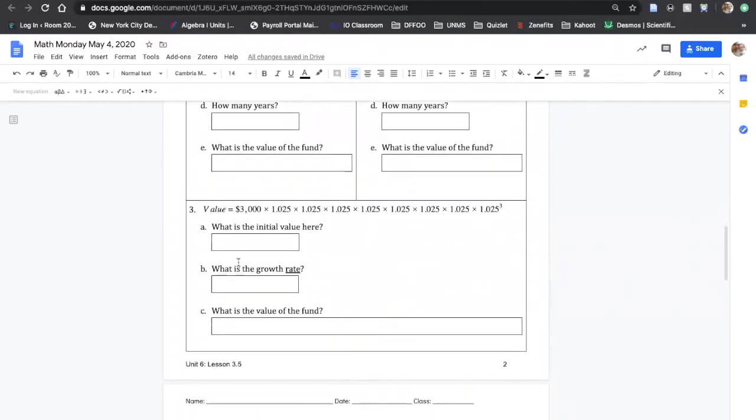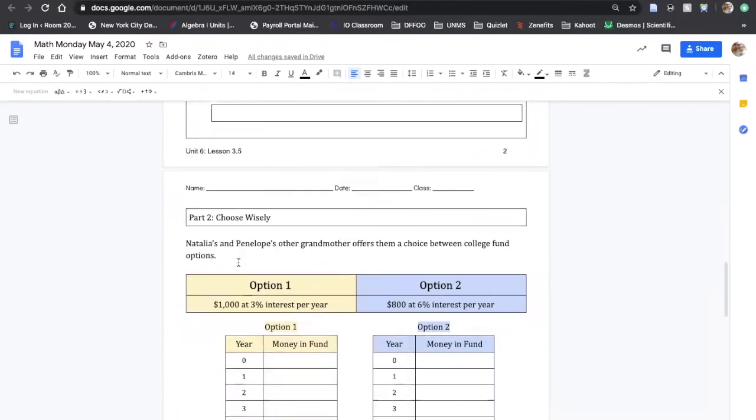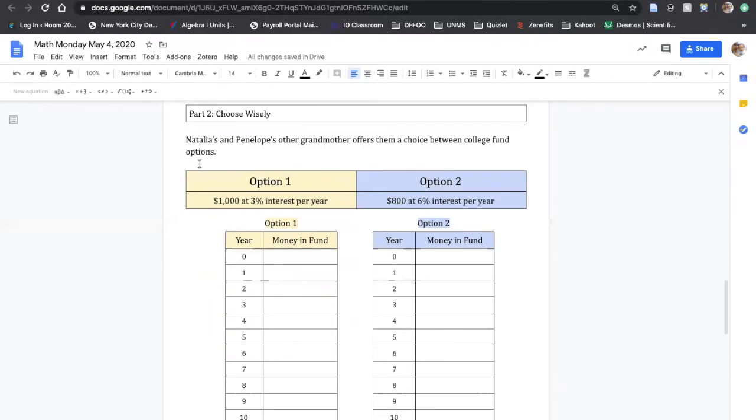After you're done with that, something a little bit different is you're going to look at a scenario, okay? It says over here, Natalia's and Penelope's other grandmother offers them a choice between 2 different college fund options. Now, option 1 says $1,000 at 3% interest per year.